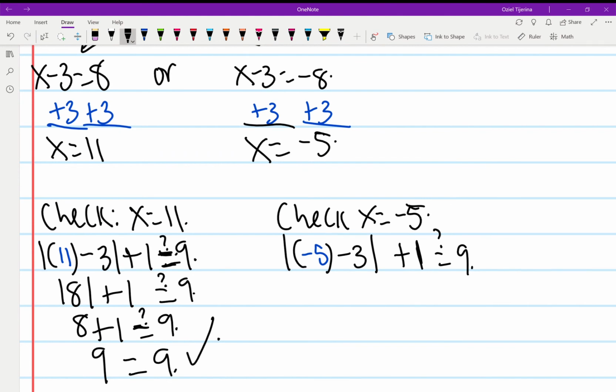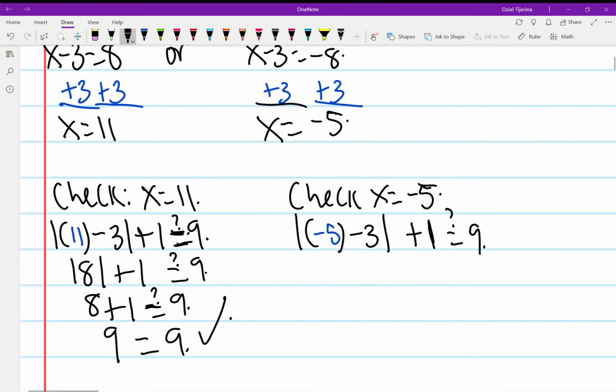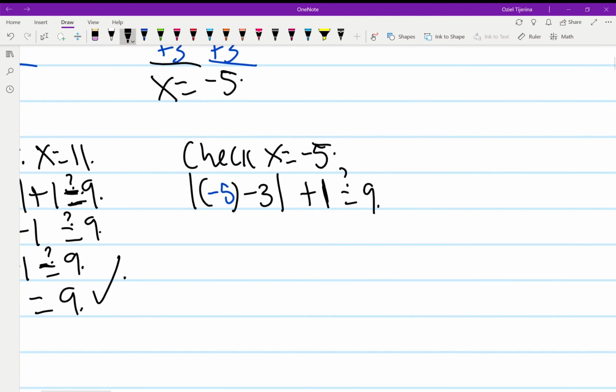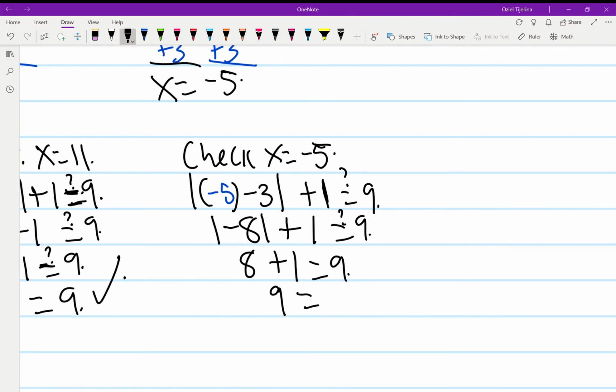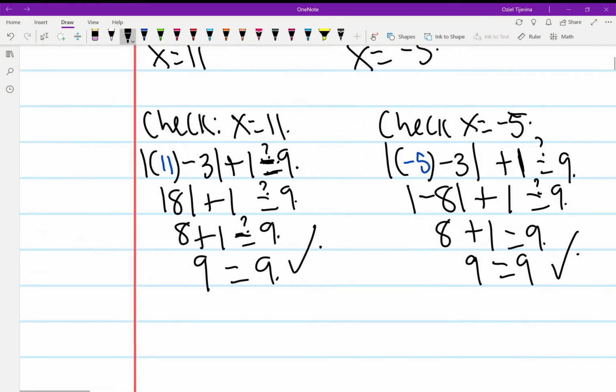You want to go ahead and do the math. So we have negative 5 minus 3, the absolute value of negative 8, plus 1, is that equal to 9? The absolute value of negative 8 is 8, plus 1 equals 9, and we see that 9 does indeed equal 9.